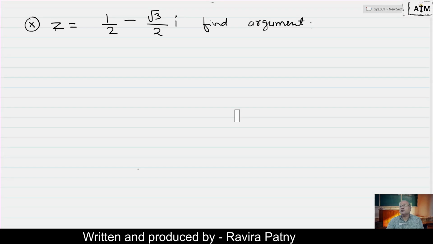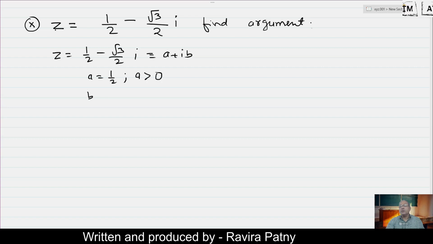This is the last question. Find the argument if z equals 1 by 2 minus root 3 upon 2i. So z equals 1 by 2 minus root 3 by 2i, comparing with a plus ib, implies a equals 1 by 2, that is a is greater than 0, and b equals minus root 3 by 2, that is b is less than 0.